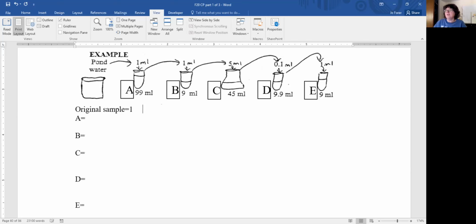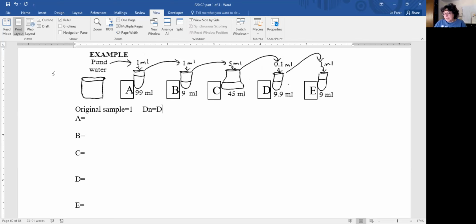The other thing you need to know to do serial dilution problems is how you calculate the dilution for each container. And the pattern's the same for every container. So we're going to say that the dilution for any of the containers can be calculated with this same formula, which is the dilution factor for container N, where N could be A or B or C or D or E. It's like a variable in algebra.